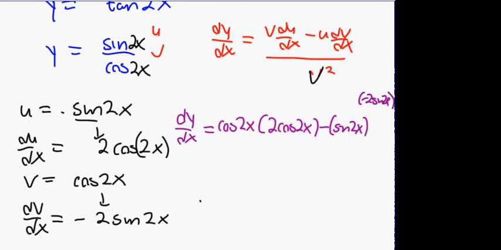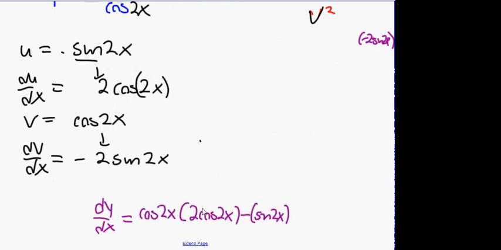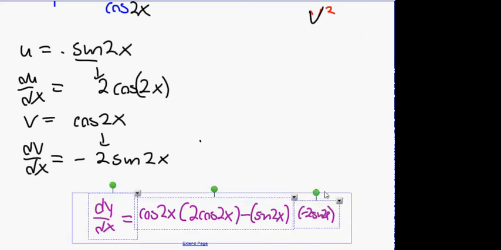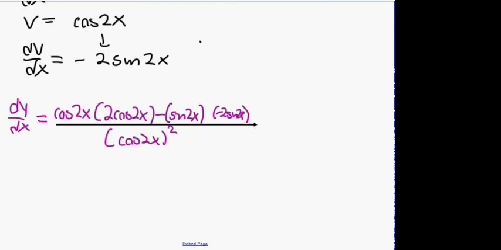Okay, I'm sorry, running out of space there, so I'm going to bring it all the way down here. Okay. That's all going to be divided by cos 2x squared.